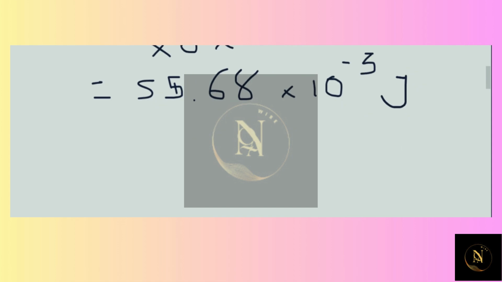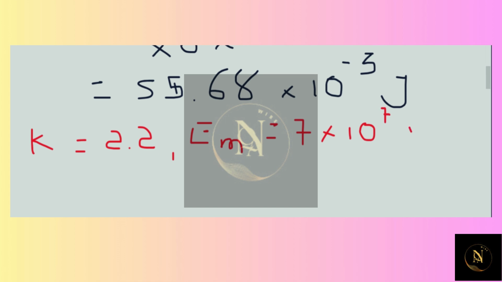Now, polypropylene is having K equal to 2.2 and EM equal to 7 into 10 to power 7 volt per meter.